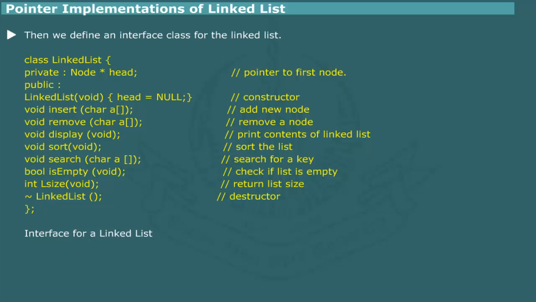Linked list includes these public methods: add new node to the list, remove a node, print the contents of the list, sort the list, search the list, check if list is empty, return the size of the list. Actual implementation of these methods should take care of data types which may be passed as arguments and the data returned by the particular method. We shall examine these aspects when we consider the programming details of these methods.